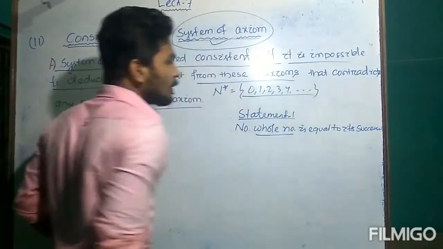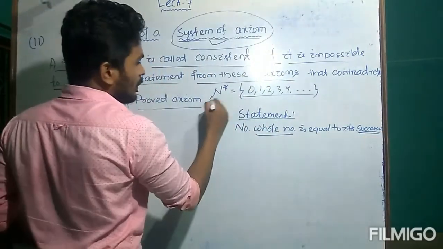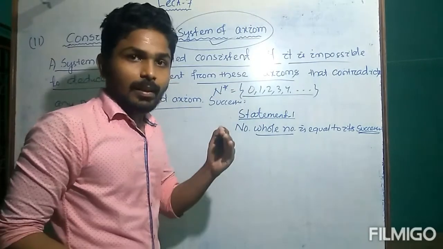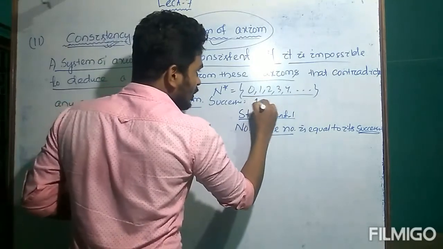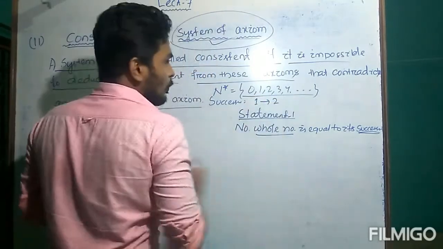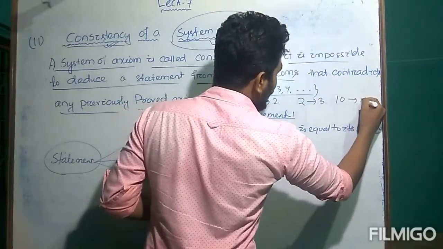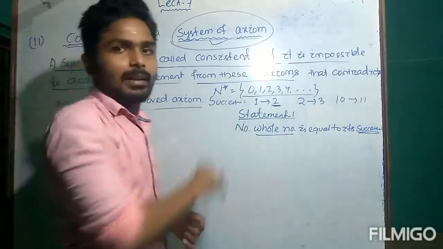These are known as whole numbers. What is the meaning of successor? Successor means a number which just lies after another number. What is the successor of 1? 2. What is the successor of 2? It is 3. What is the successor of 10? It is 11. So successor is the number which lies just after another number.